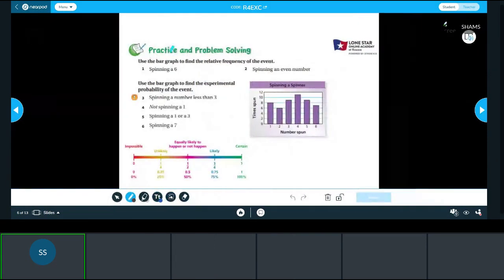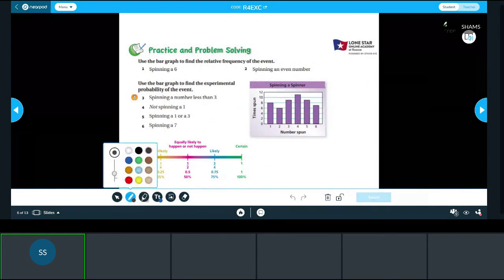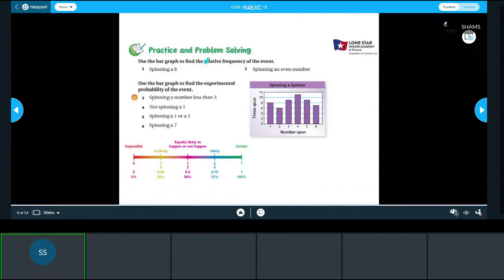Let's look at this question. Use the bar graph to find the relative frequency of the event. Relative frequency also tells you the chance, or how frequent this thing happens.